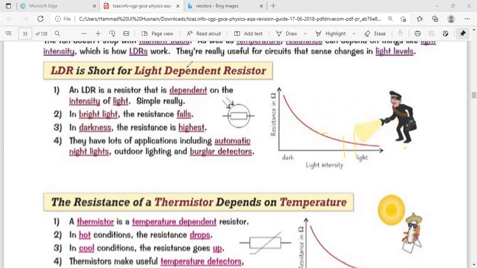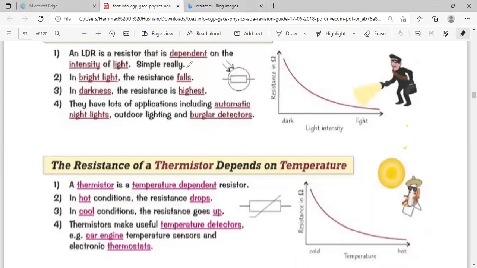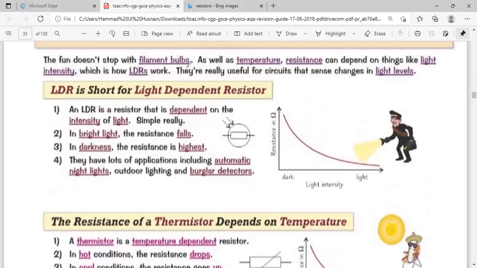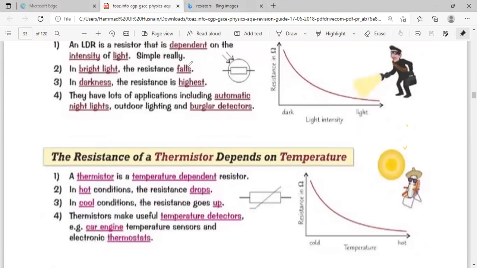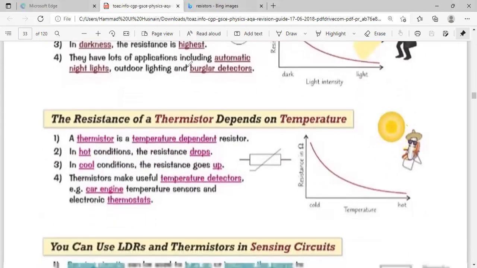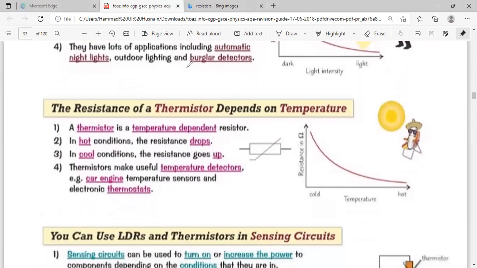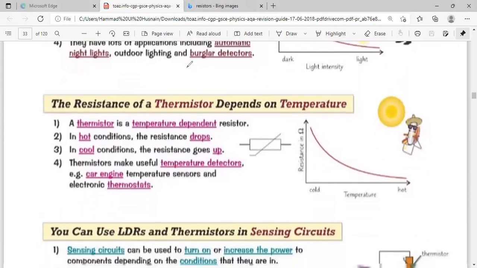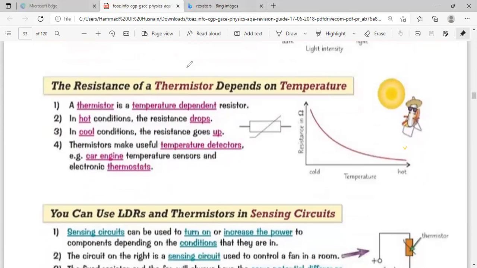Mm, yeah, I get it now. It's good. So this is how the roadside lights work, and LDRs are used in this. Similarly, outdoor lighting and burglar detectors also use LDRs. Similarly, thermistors. I have told you earlier that a thermistor is a type of resistor which depends upon temperature.